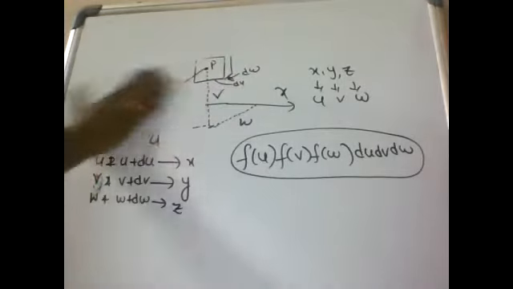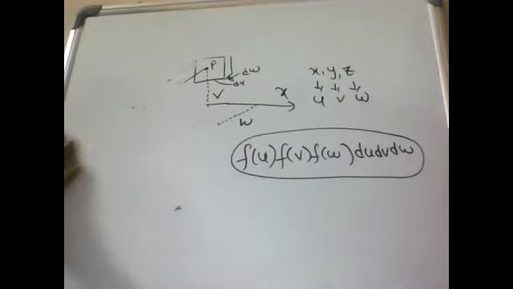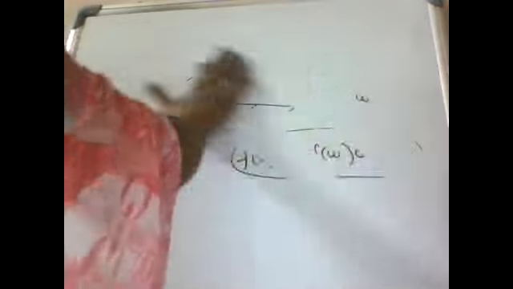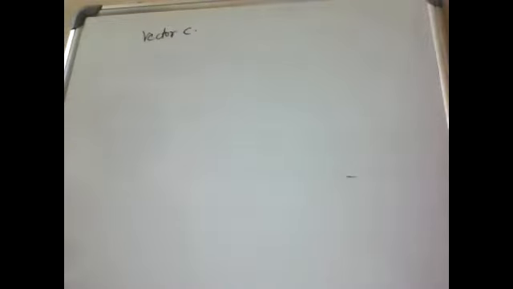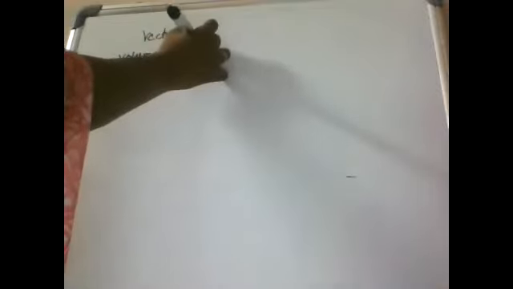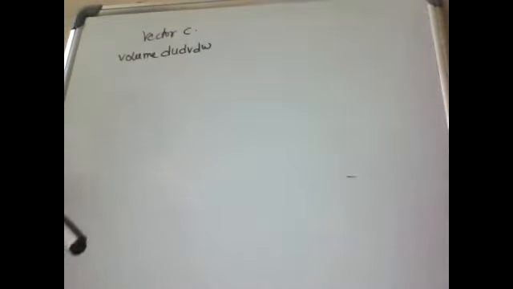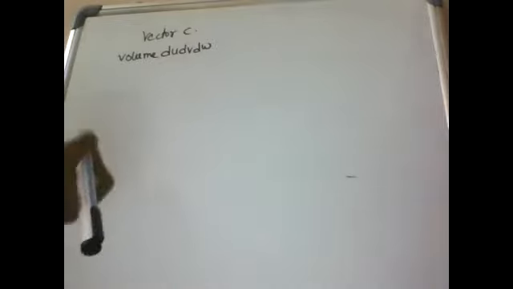Next, the resultant velocity of the molecule is a single vector c. The probability that this single velocity of value c lies in the volume element du dv dw. We already know this probability is f of u into f of v into f of w into du dv dw.